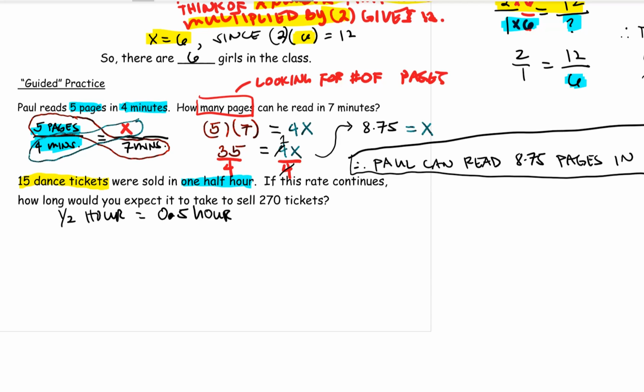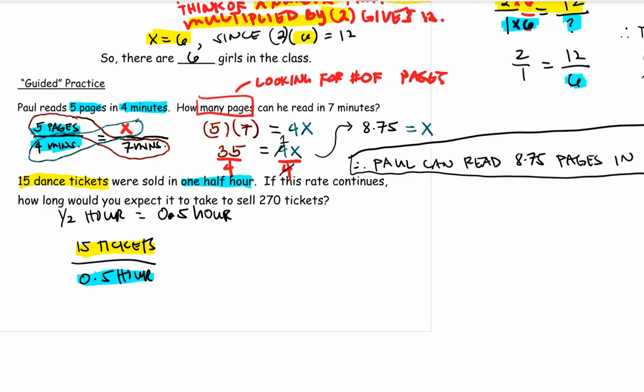So we're given the first ratio: 15 tickets for a time of 0.5 hour. That is given in the question. In the first ratio, I know the numerator and denominator, so I'm comparing the number of tickets to the number of hours. So 15 tickets for every 0.5 hour.